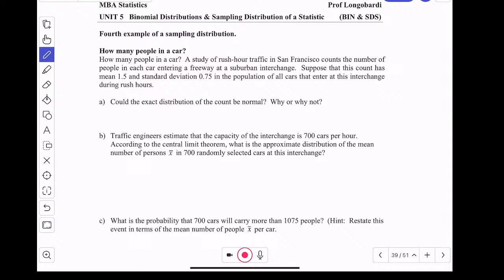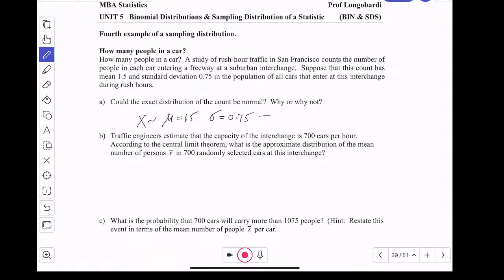So what we're saying is X has a mean of 1.5 and a standard deviation of 0.75, but we don't know the distribution. The question here is, could the count be normal?